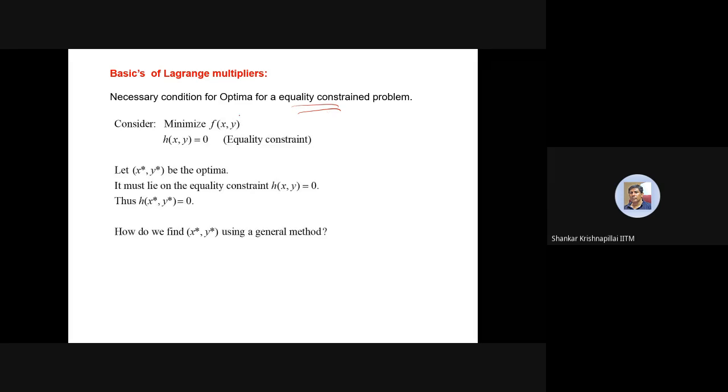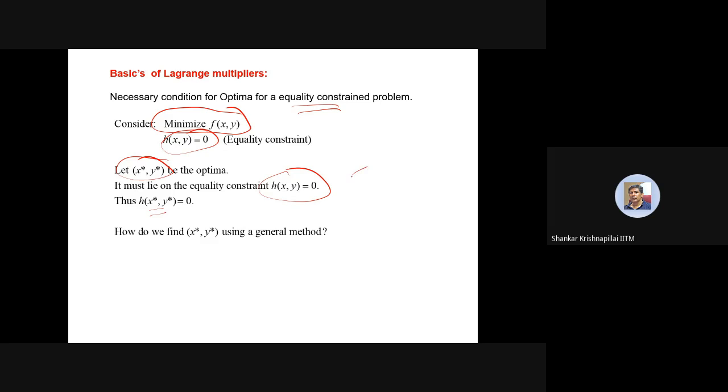So suppose you have to minimize an objective function f of x, y, and there is also an equality constraint h of x, y is equal to 0. Okay, so if x star, y star is the optima, then it must lie on the equality constraint h of x, y is equal to 0, or in other words, h of x star, y star is equal to 0.